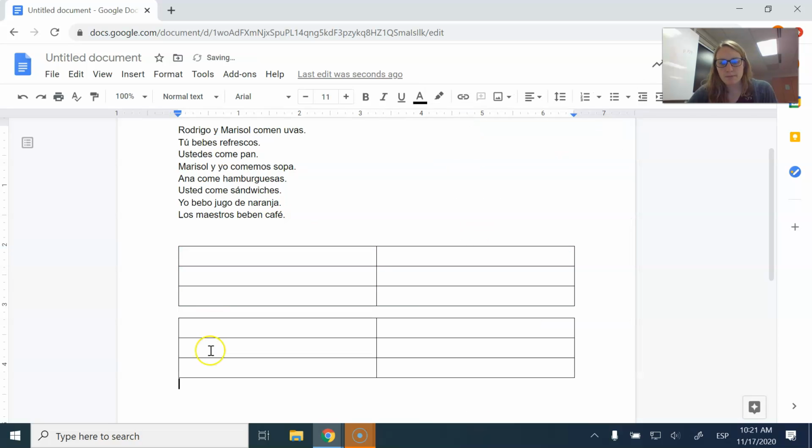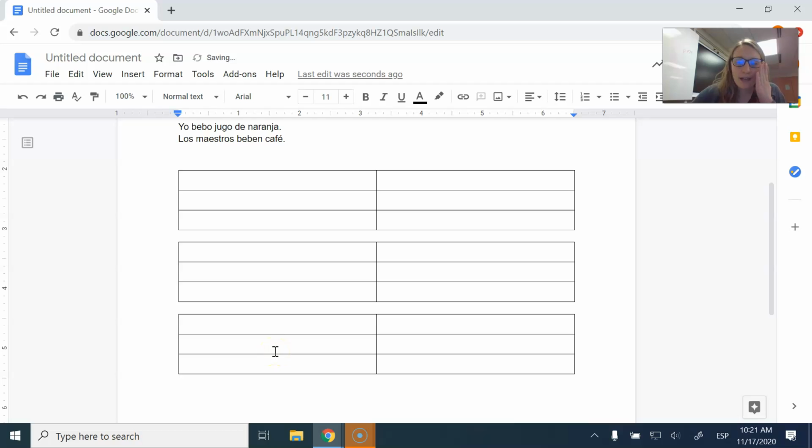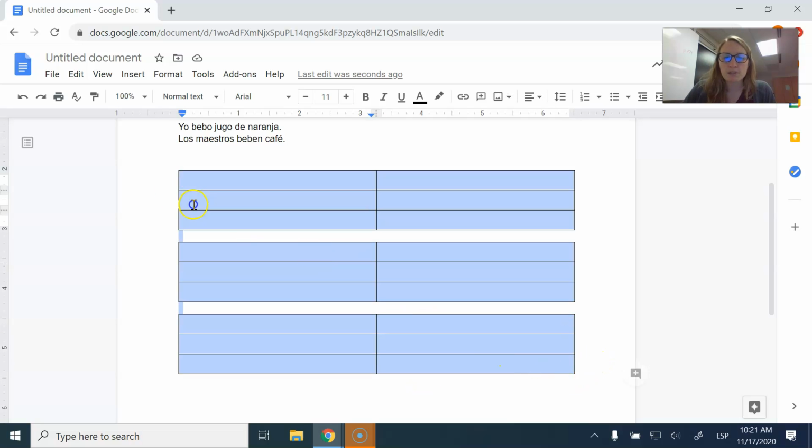Copy, paste, paste, and go ahead and fill out the AR chart, the ER chart, and the IR chart. Try to make some comparisons, okay? Like I said, the O endings for the yo forms are the same. But there's a lot of other similarities that if you just compare all of them, that will help you remember all of the endings in your brain. So highly recommend doing that on your own time. I'm not going to take the time to do that right now in class with you because you can do that on your own. Help you memorize it.